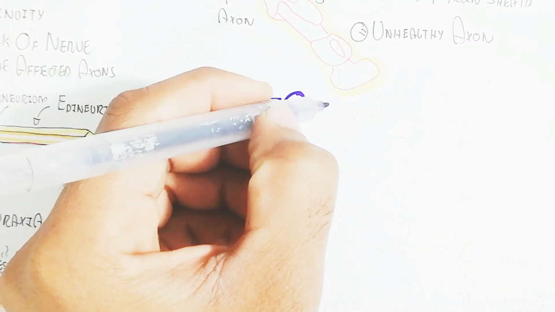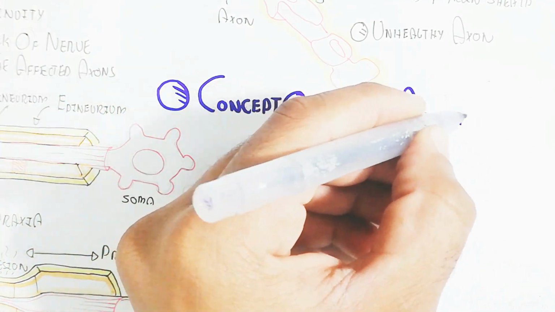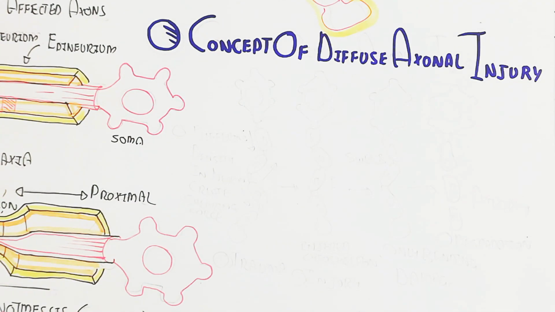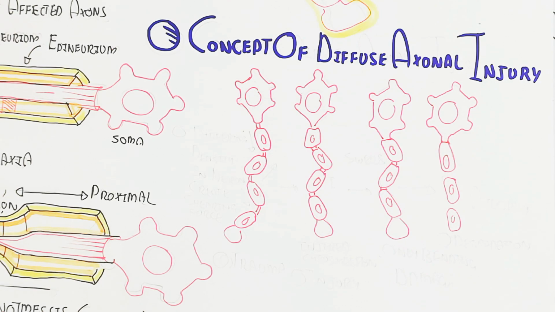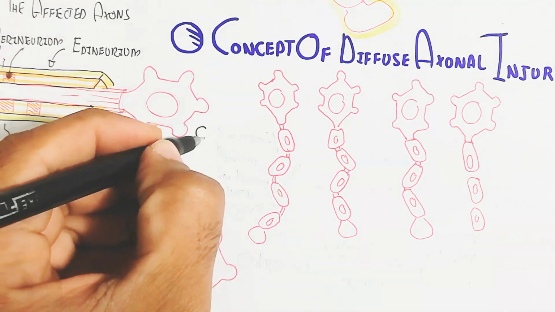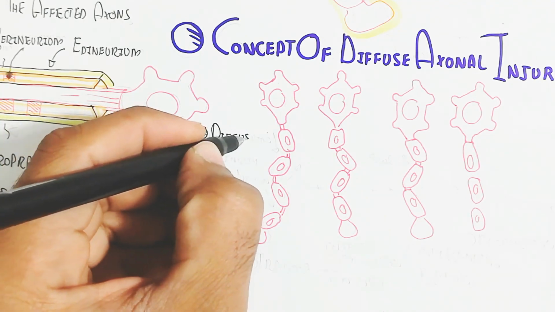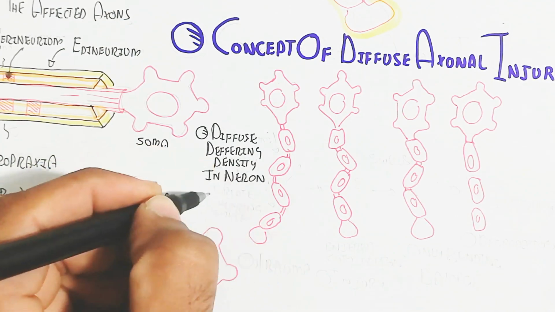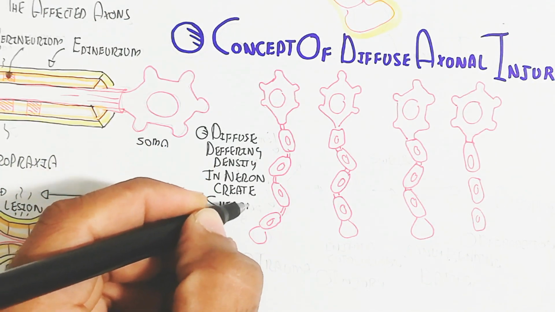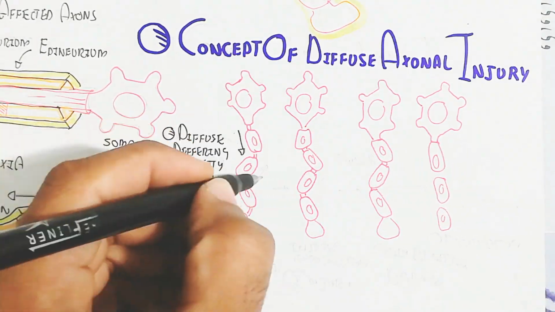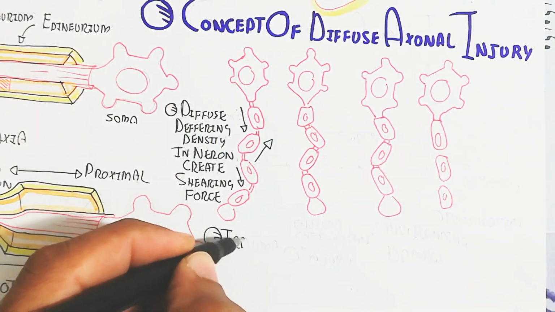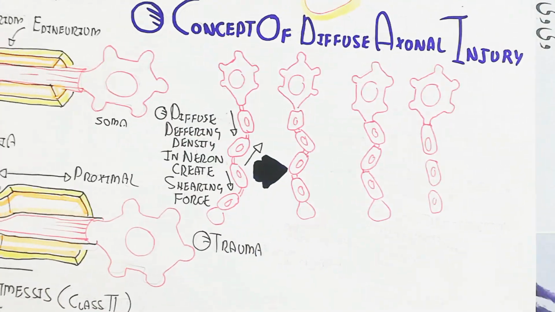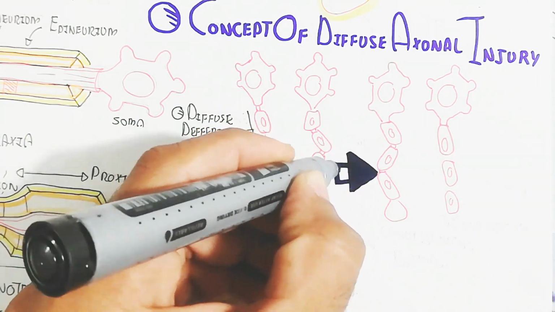Let's begin to understand the concept of diffuse axonal injury. Basically, diffuse axonal injury means the differing density in the neuron creates a shearing force. The shearing force is due to the density difference in the axon of the neuron, and this leads to trauma, the causes of which we will not discuss here. This injures the cytoskeleton, and the injury progresses to swelling of the neuron.